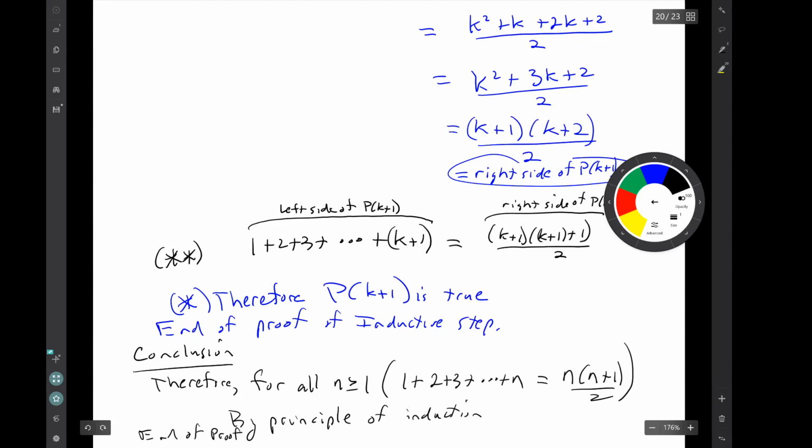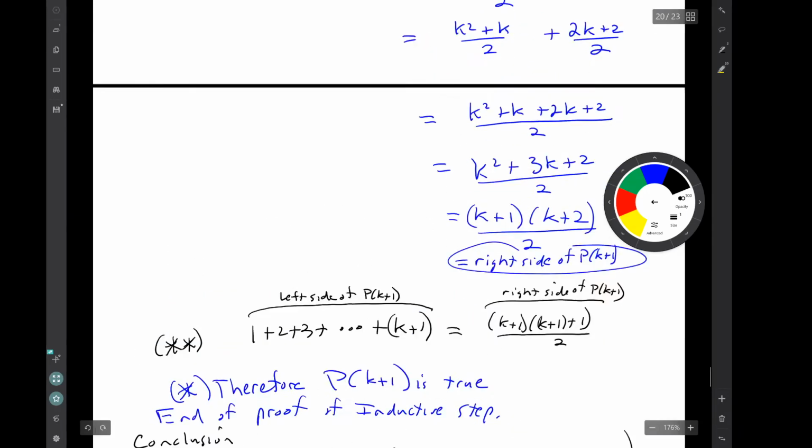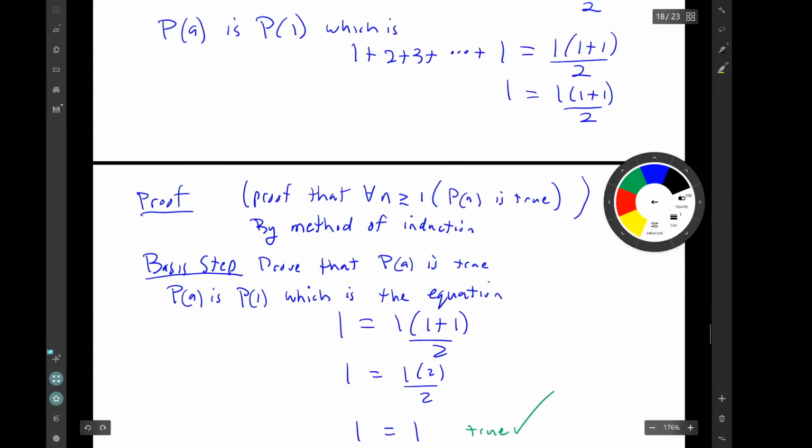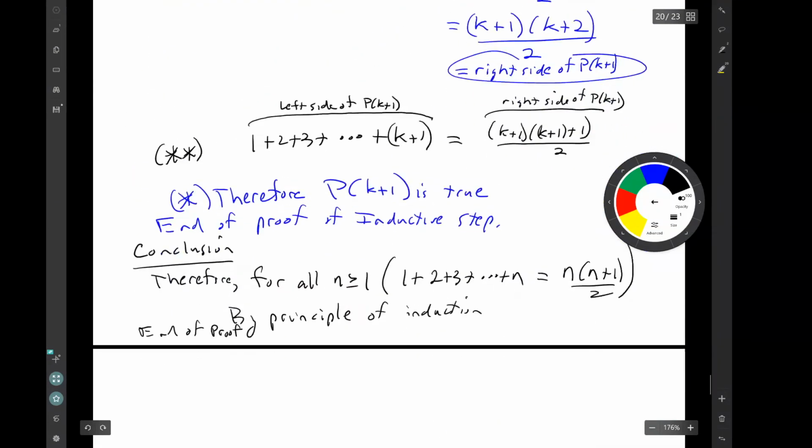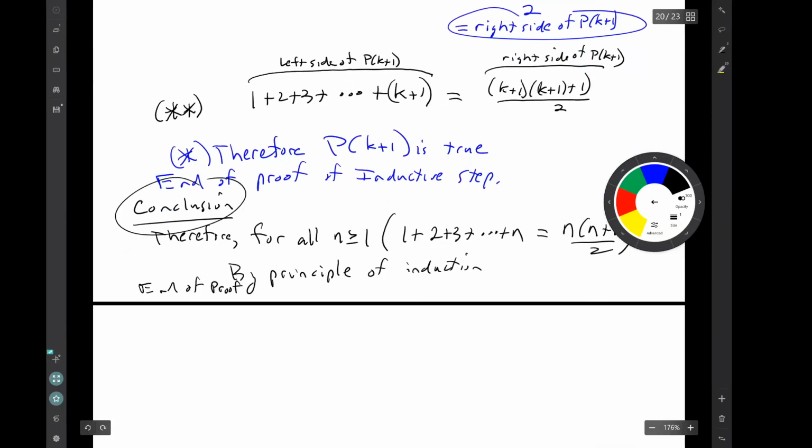So there's our conclusion. For all n greater than or equal to 1, this equation's true by principle of induction. So we've got all three components of the proof. We have the basis step, we have the inductive step, and then we have the conclusion. That's the end of the proof.